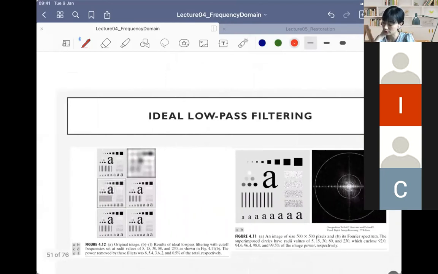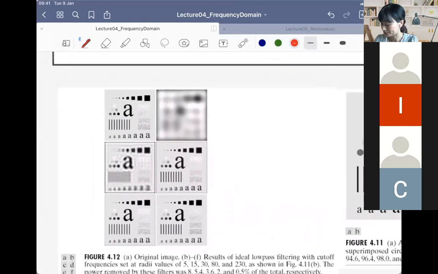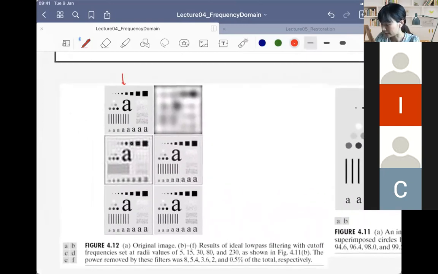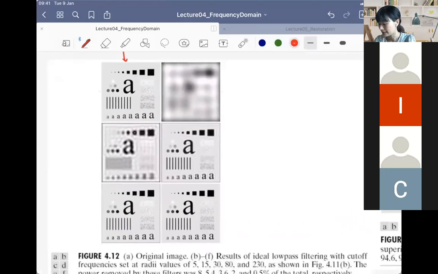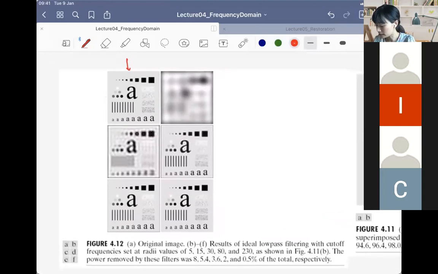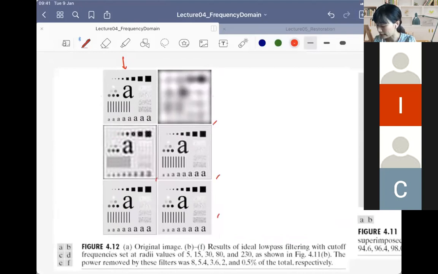This image is a result from the low pass filter. Let's take a look. The first one is the original image, and I hope it's clear enough. The 5 later images are the results from ideal low pass filtering, and they have changed the cutoff frequency to many different values.